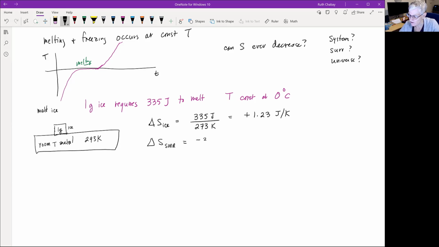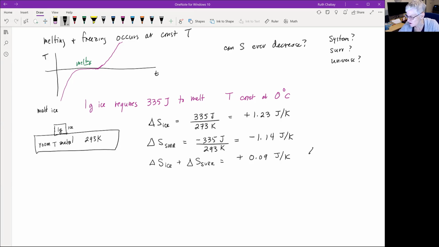So we have a minus 335 joules, and this thing stays at 293 Kelvin. And so that turns out to be a minus 1.14 joules per Kelvin. And so the change of entropy of the universe, which is the change in entropy of the ice plus the change in entropy of the surroundings, is a plus 0.09 joules per Kelvin.